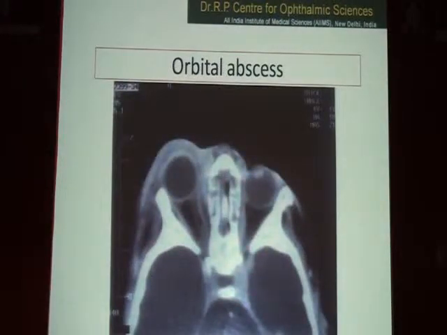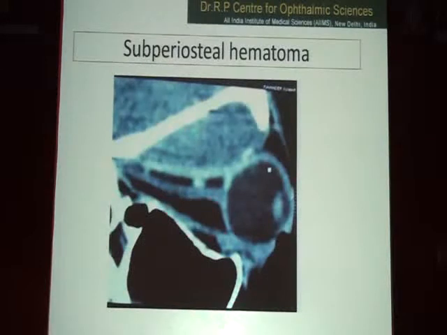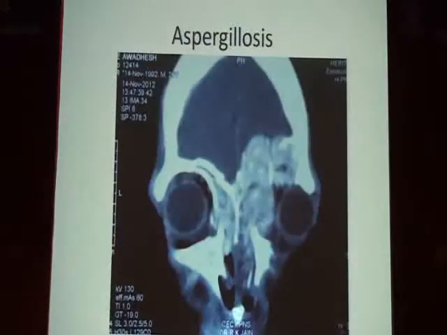So orbital abscess sometimes is another differential diagnosis of orbital tumors, and CT scan is very useful in diagnosing orbital abscess and in differentiating it from orbital tumors. Subperiosteal hematoma, as you can see over here, usually following trauma, is again a very common differential of any benign or malignant orbital tumor, because subperiosteal hematoma can also be subacute to chronic, and many times CT is necessary after trauma to rule out any other tumor.